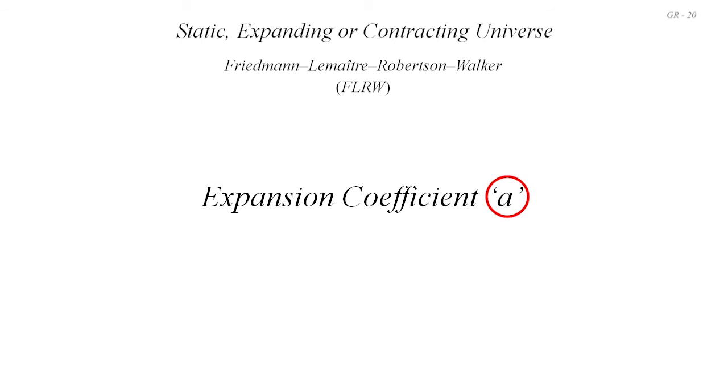Little a can be thought of as the time-dependent expansion rate of the universe. And just as a reminder, we're talking about the expansion of space and not space-time for this discussion. In the limited way in which we will discuss it here, little a has no units and is simply a number which at any given time is the same everywhere in the universe, but it's a number which can potentially change with time.